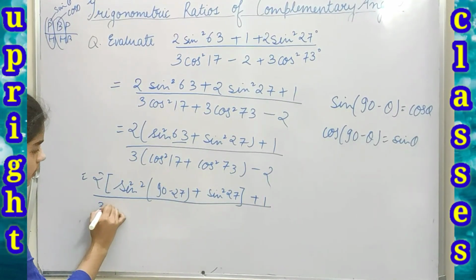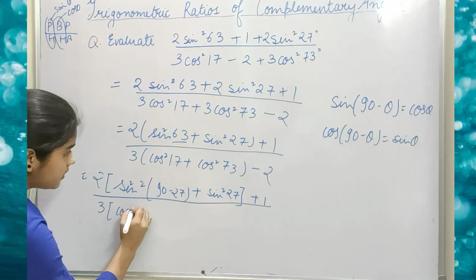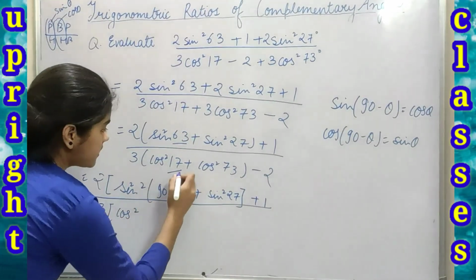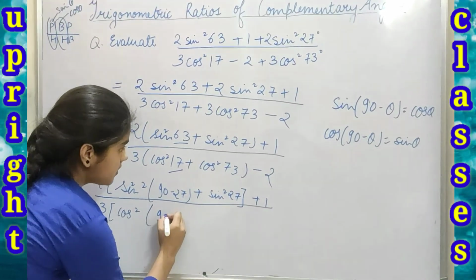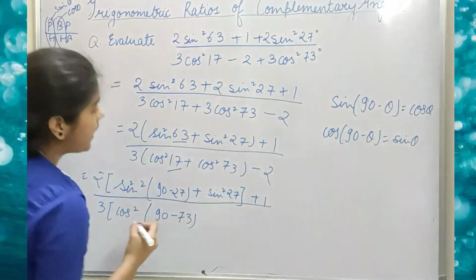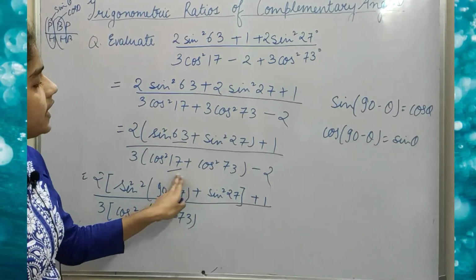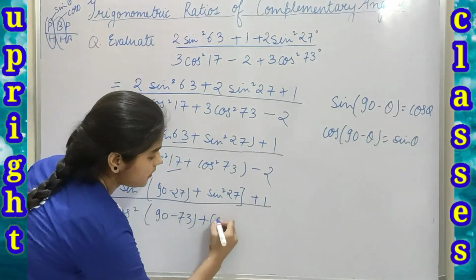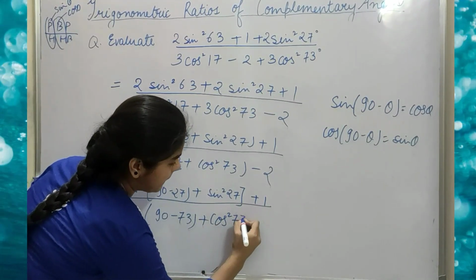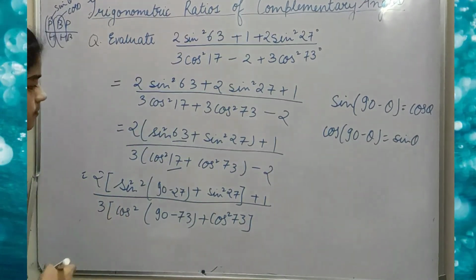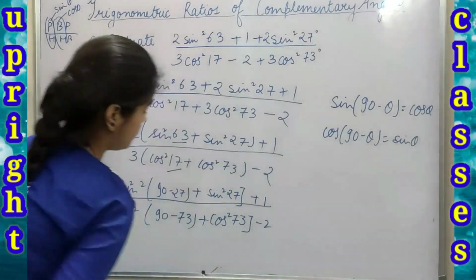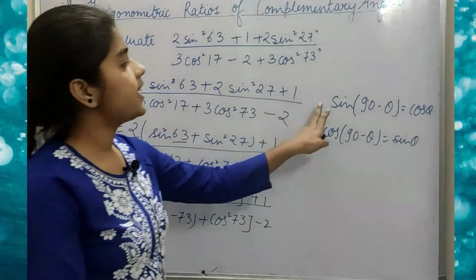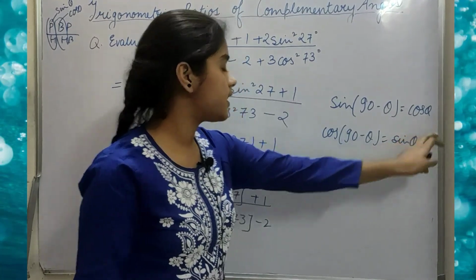In the same way you can write cos square 17; you can easily write 17 as 90 minus 73, as these 17 and 73 both form complementary angles, minus 2.